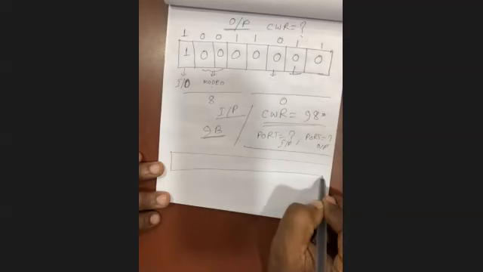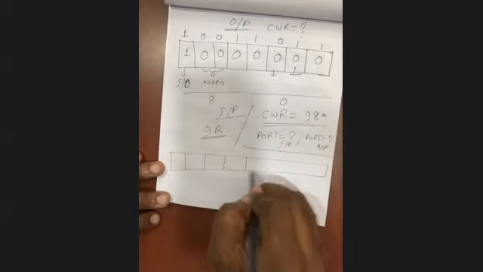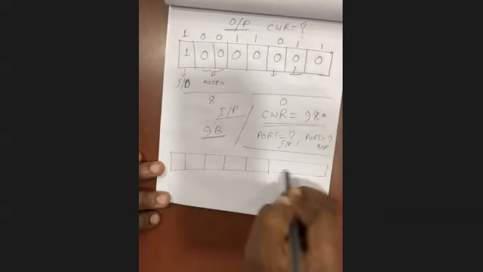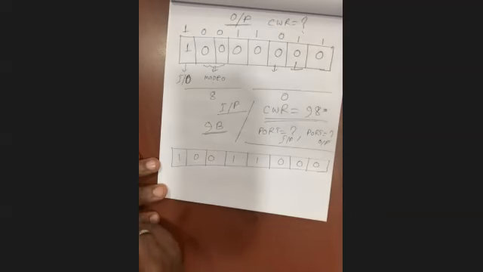First you just break out 98H into binary: 1 0 0 1 1 0 0 0. Okay.